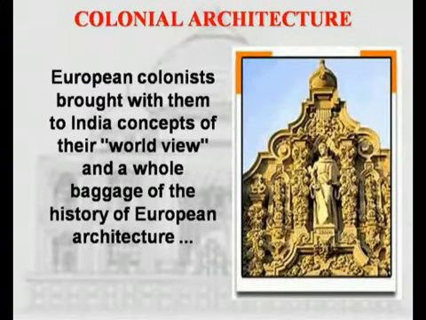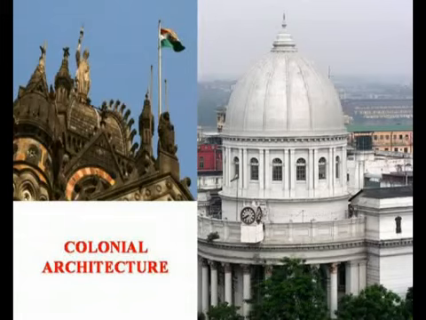European colonists brought with them to India concepts of their worldview and a whole baggage of the history of European architecture: neoclassical, Romanesque, Gothic and Renaissance. The initial structures were utilitarian warehouses and walled trading posts, giving way to fortified towns along the coastline.